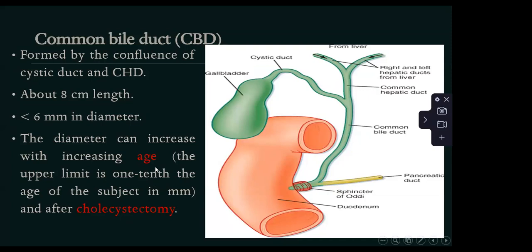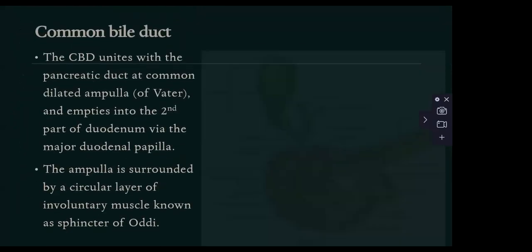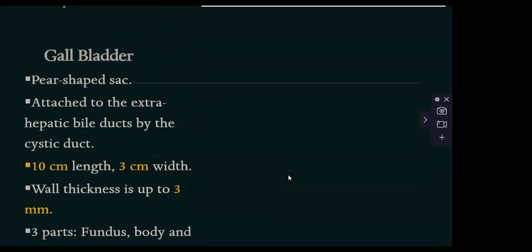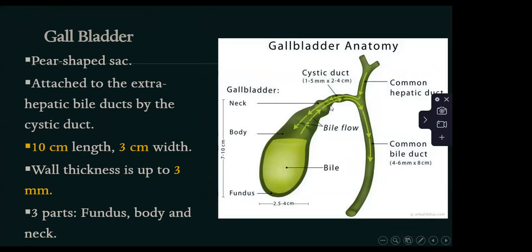Regarding age, we can consider the upper limit as 1/10 the age of the subject in millimeters. For example, if the patient is 80 years old, up to 8 millimeters is accepted. The common bile duct joins the main pancreatic duct and opens at the second part of the duodenum at the ampulla of Vater.